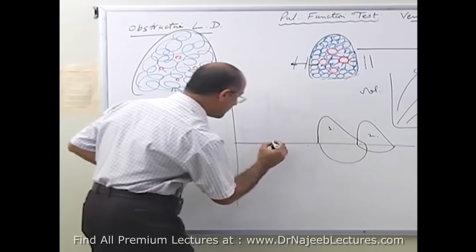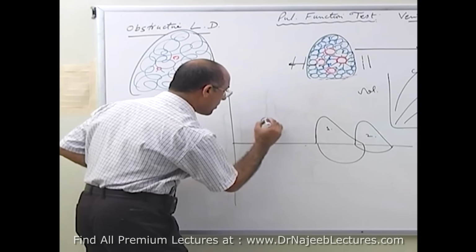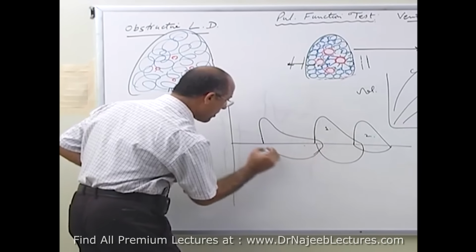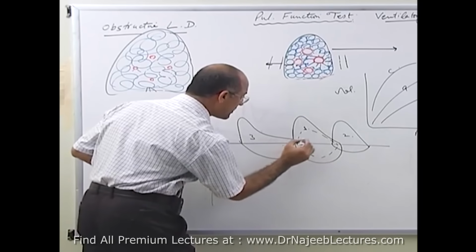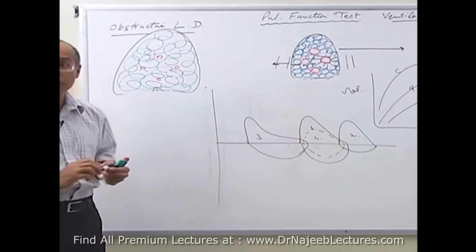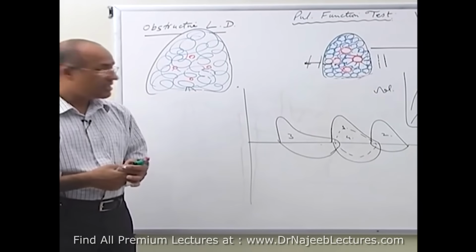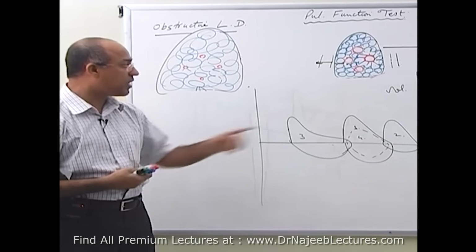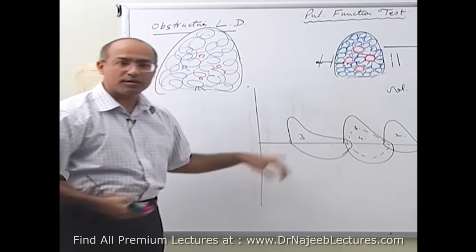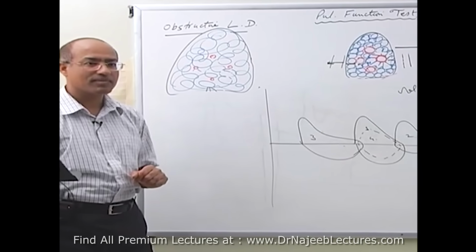Pattern number 2. Pattern number 3. Pattern number 4. What is pattern number 4? What is pattern number 2? What is pattern number 1? And pattern number 3? Class dismissed.